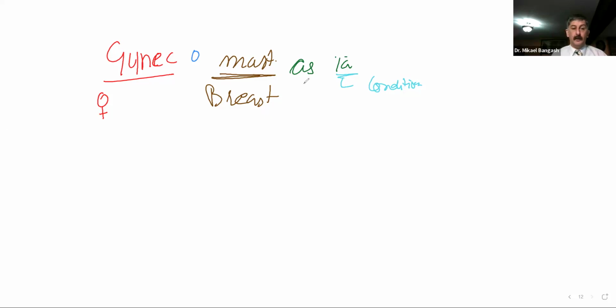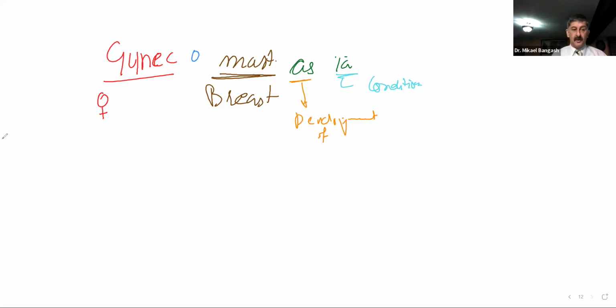We can simplify: the ia here refers to the development of. Please keep in mind, guys, that gynecomastia is not the process of development of the female breast.